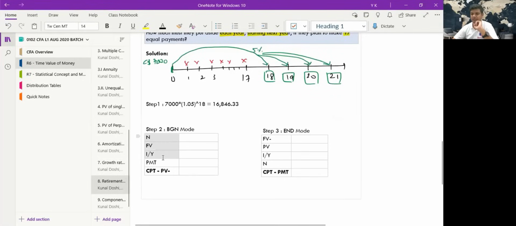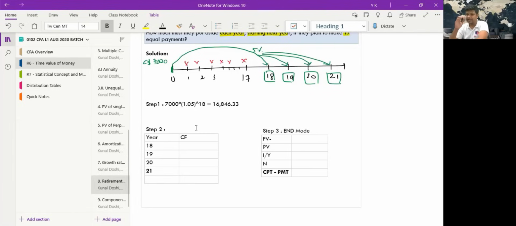Everyone with me on this? Correct. Everyone has got this money? 16,846. Now, tell me, this value of 16,846 is at which year? At the beginning of 18 years.